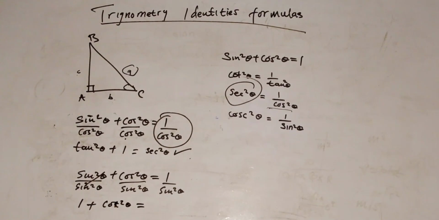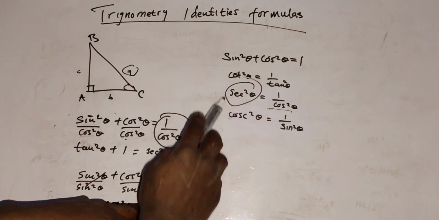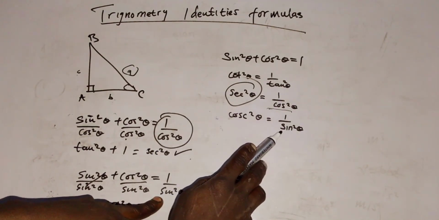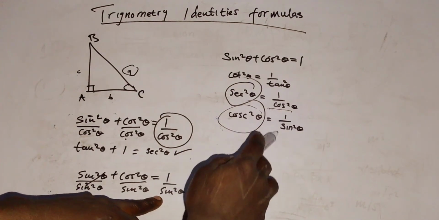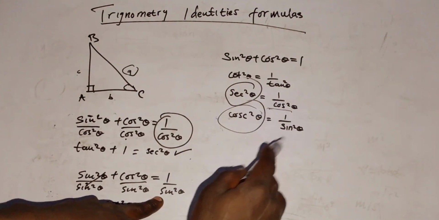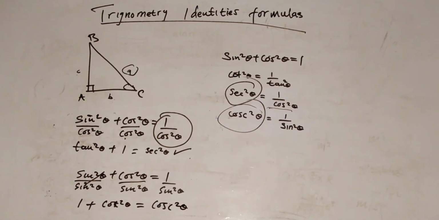So 1 plus cot squared theta equals 1 over sine squared theta, which is cosec squared theta. So we're going to substitute where there's 1 over sine squared theta with cosec squared theta. This is how we generate some formulas.